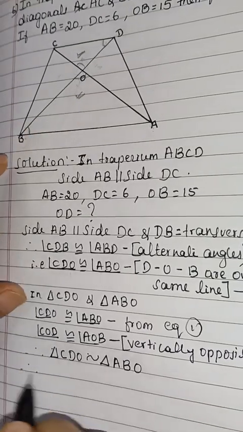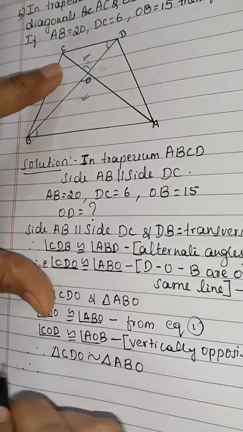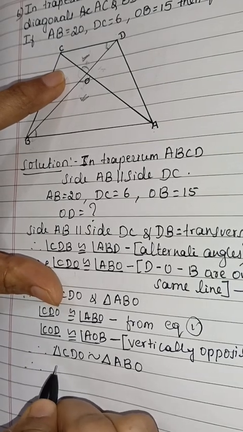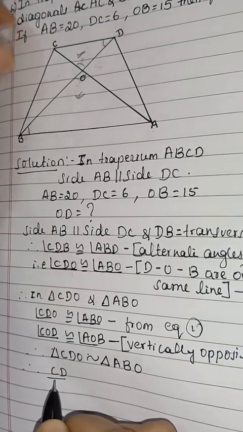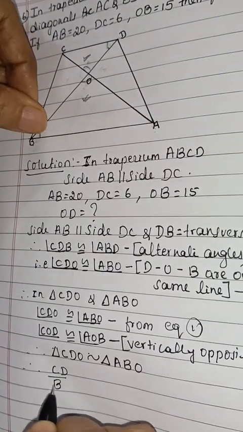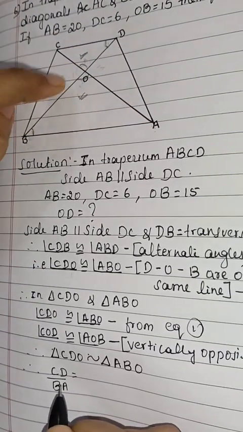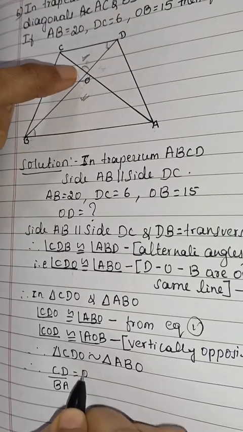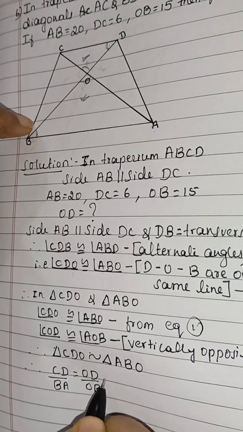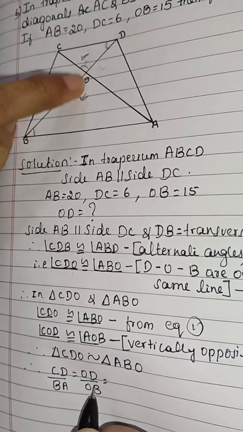Now we have to write the corresponding sides: CD by BA, OD by OB, and another one is OC by OA.